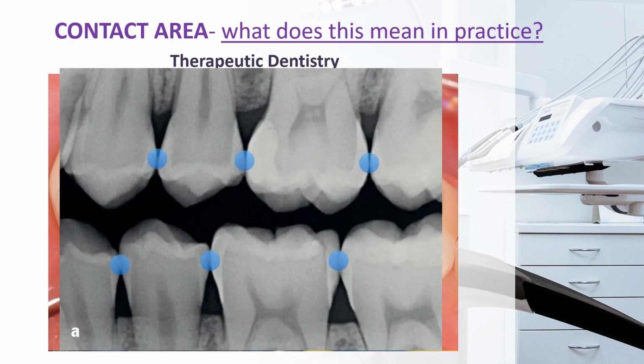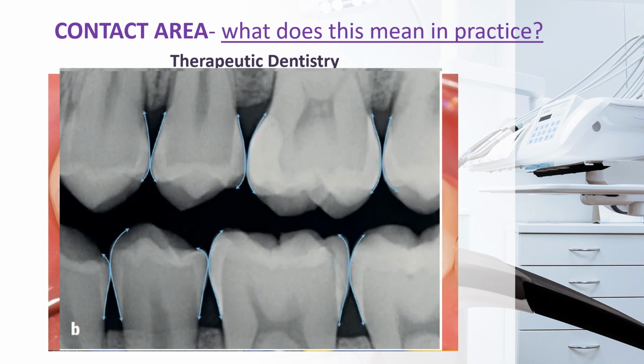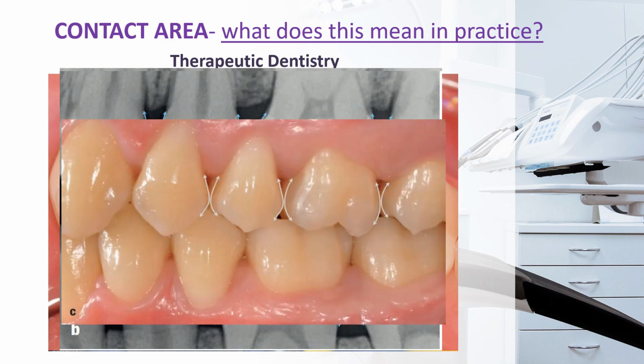They are shown: the position of contact areas in temporary teeth, and in permanent teeth and permanent restorations, near the middle part of crown height, or the area between the middle and occlusal thirds of the crown. An X-ray and a vital photo.